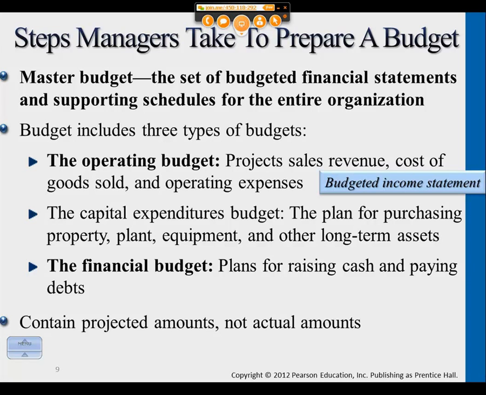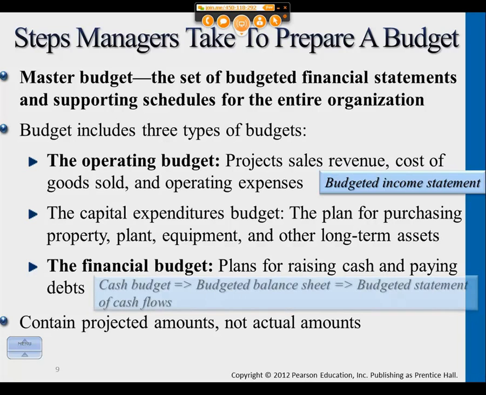And then the last one is your financial budget. This one helps you to plan for raising cash, paying debts, all right? So it's like somewhat a marriage of cash budget, budgeted balance sheet, budgeted statement of cash flows.